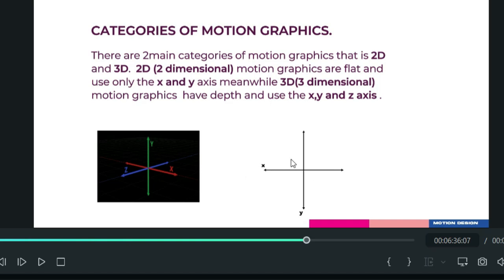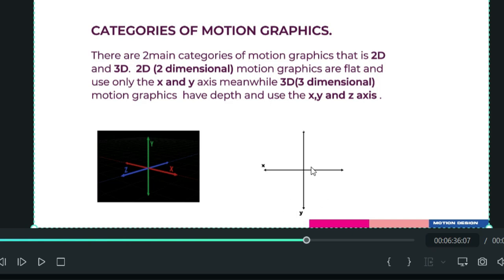Okay, guys, as I'm saying, in animation, movement is done along axes. Are we together? Taking, for example, this second diagram here, it shows the X axis, which is the horizontal axis, and the Y axis, which is the vertical axis. This represents animation in 2D, that's two-dimensional.